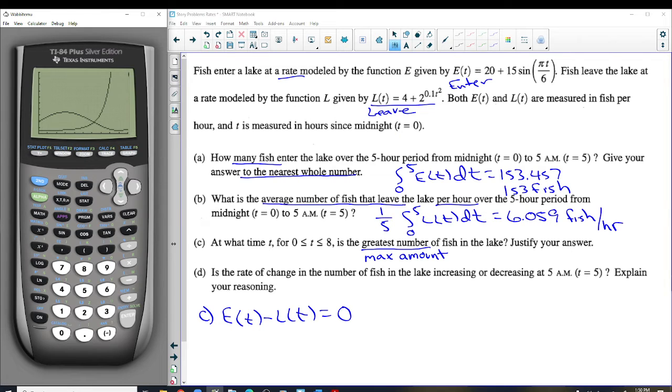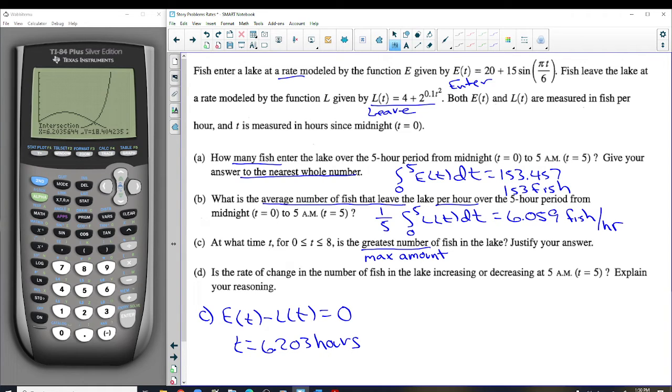There we go. There it goes. We want that intersection point right there. So second, calculate intersection. Go over to it. Bam. Second curve. Guess. So t equals 6.203 hours.